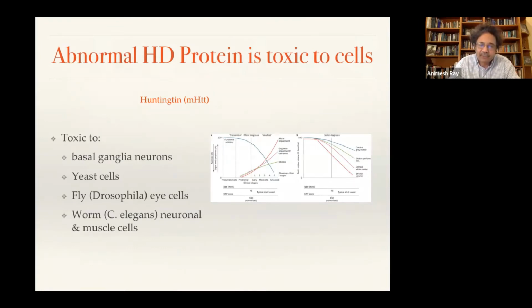It's clearly demonstrable in human cells in culture, in yeast cells and Drosophila eye cells and worm neurons, but it is not clearly demonstrable in mouse.